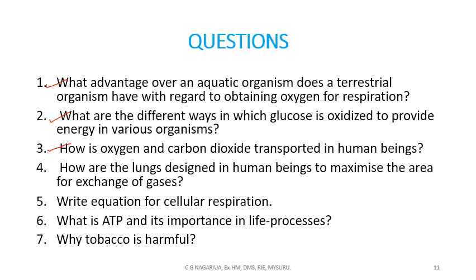How are the lungs designed? Lungs are designed in such a way that respiratory surfaces are increased with the help of alveoli. Write the equation for cellular respiration. Remember: C6H12O6 plus 6O2 gives 6 CO2, 6 H2O and ATP molecules.